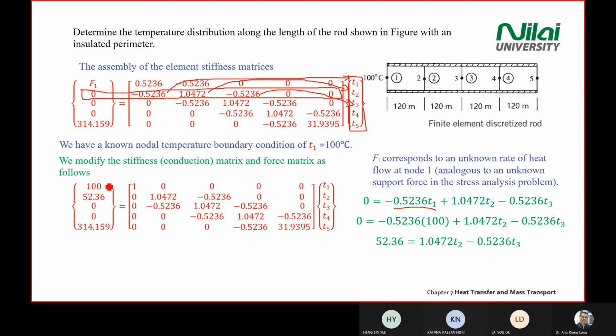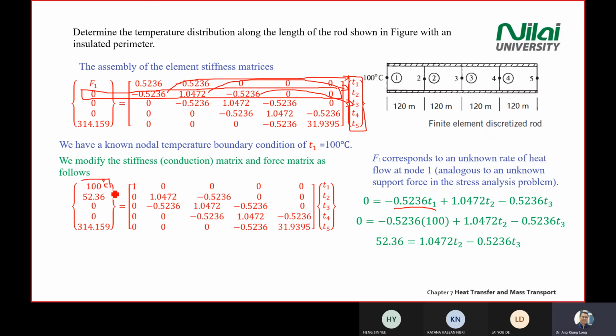This one becomes 100 degrees C. So you can see that the first row and first column become 1, 0, 0, 0, 0, 0, 0, 0, 0, and this one becomes T1. So you get 100 degrees C for T1.